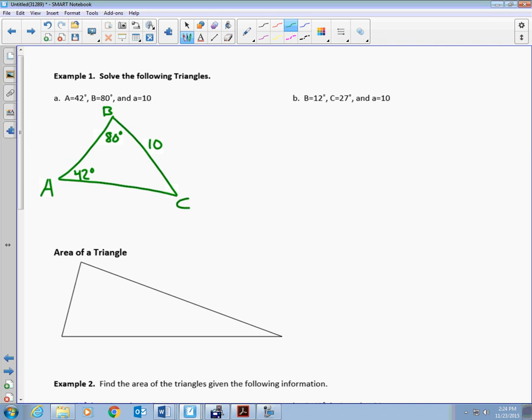Okay, is everybody in the right spot? Does everybody know what they're doing? Okay, you need to be able to identify which of the six is this. Which one is it? Why is it angle, angle, side? Why is it not angle, side, angle?